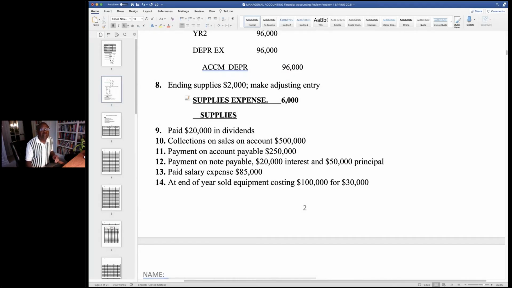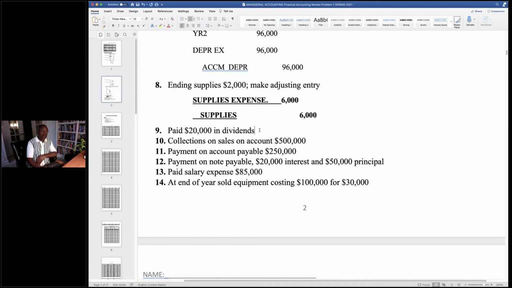So I'm going to debit supplies expense and credit supplies. Okay.